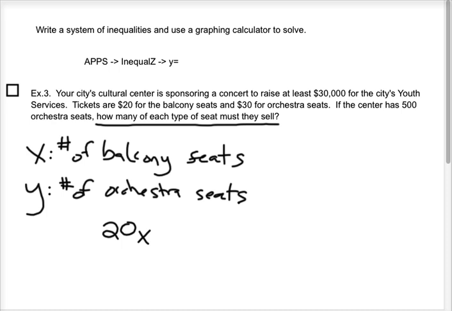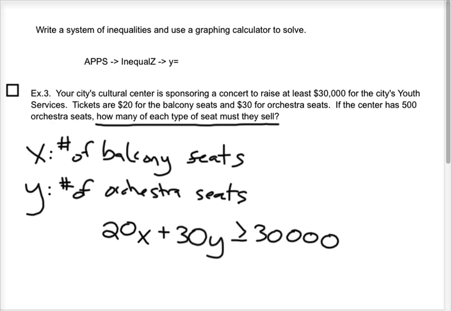For the orchestra seats, they make $30 per seat. So again, the money they're going to make off of that is 30 times the number of orchestra seats that they sell. And they want at least $30,000. At least means it has to be greater than or equal to $30,000.